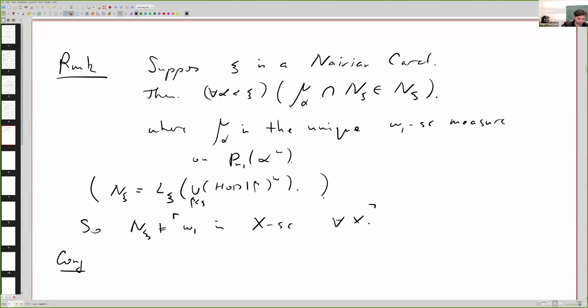So the conjecture is that N xi actually thinks that for every X, the filter generated by the quasi-clubs is an ultrafilter.